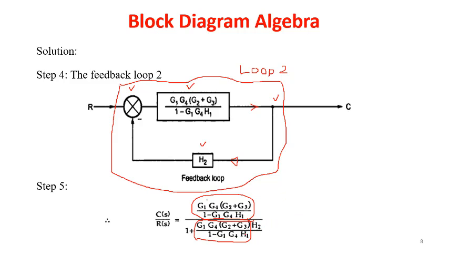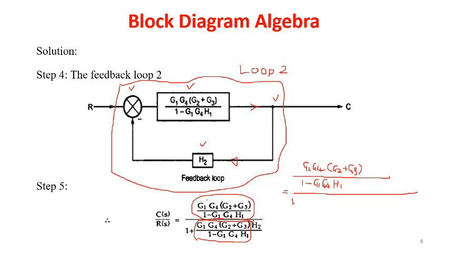After getting this one, we need to simplify. So when we are going to simplify, we are having a denominator term here and we are having a denominator term here. This has to be taken LCM. So I am rewriting it as G1 G4 bracket G2 plus G3, whole divided by, when we take LCM of this one, this is going to get multiplied by 1.